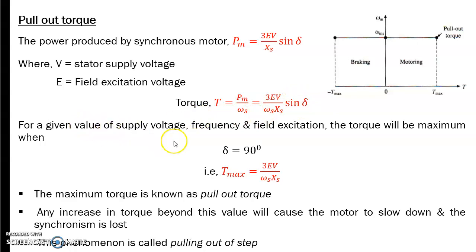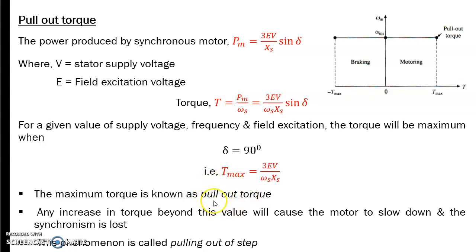And for a given value of the supply voltage, frequency and field excitation, the torque will be maximum when delta is 90. When delta is 90, sin 90 is 1. Hence, torque maximum is 3 EV by omega s Xs. The maximum torque is known as pull-out torque.